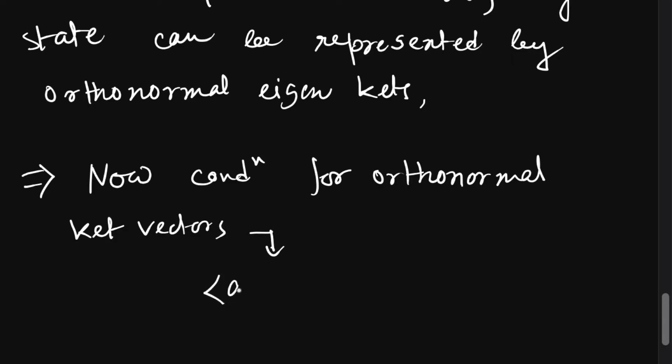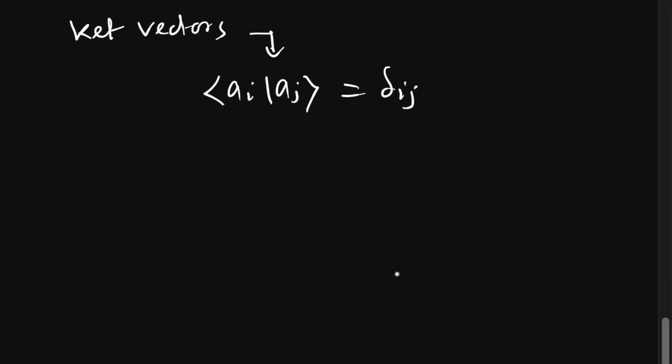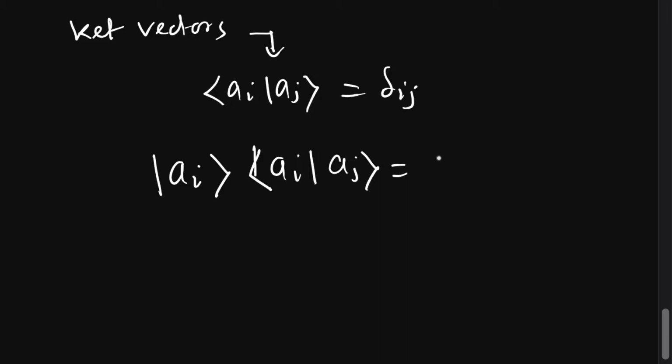That is <ai|aj> equal to delta ij. Now if we multiply |ai> both sides of the equation, then we'll get |ai><ai|aj> equal to delta ij |ai>.